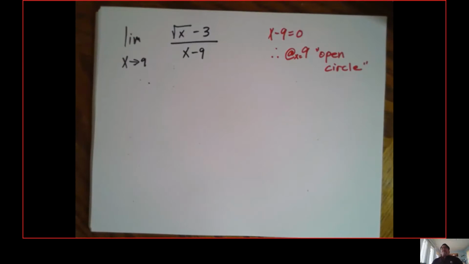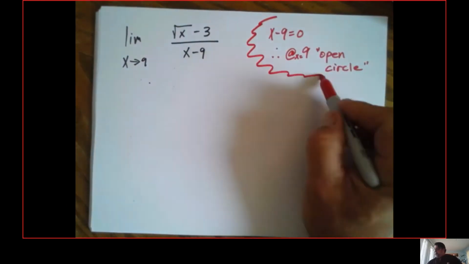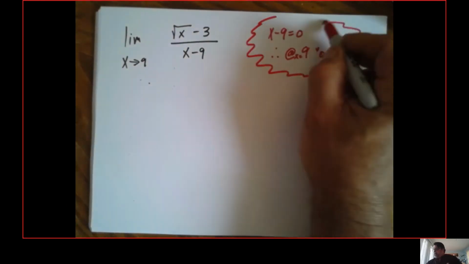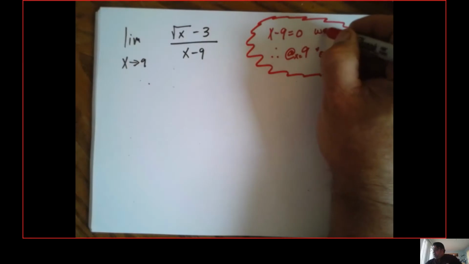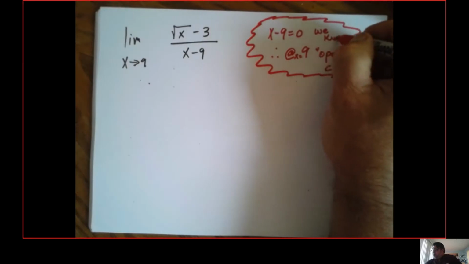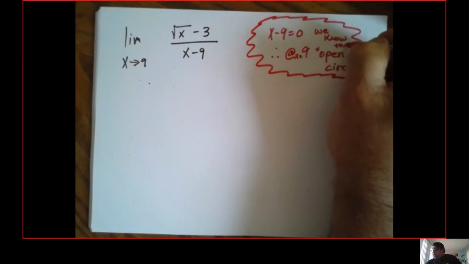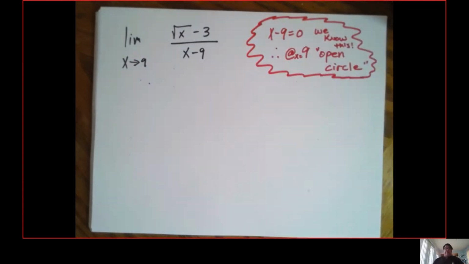On a calculator, it may be just a little blip. It won't be an open circle. It'll be like a little blip, and there will be nothing there on the function. Okay. So now we know that. So that's inevitable. So we'll just put that in a little circle here, and we'll say we know this.